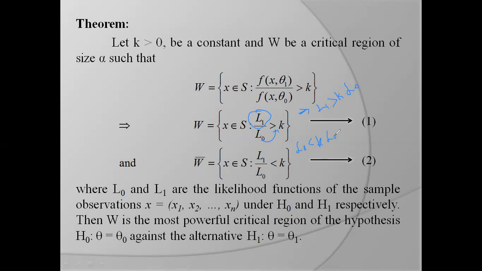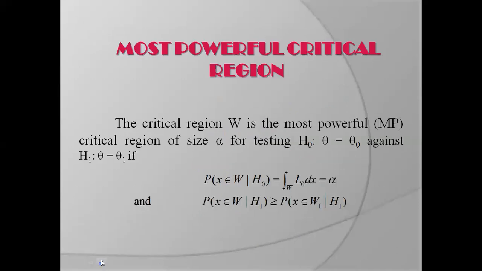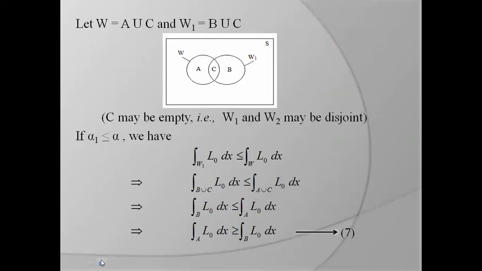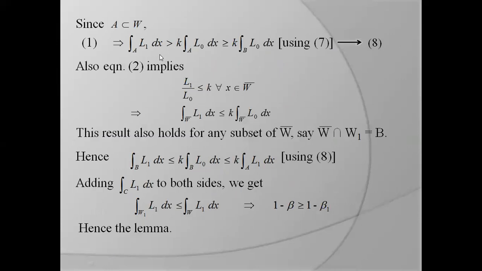This is for integral over W1 and this is for integral over W. This one we are going to apply: instead of L1, I am writing that it is greater than K into L naught.